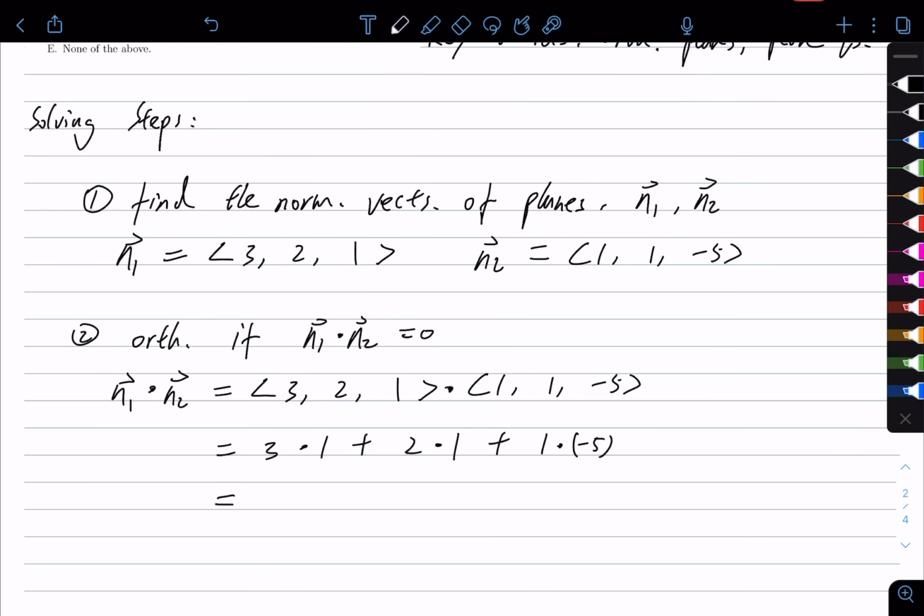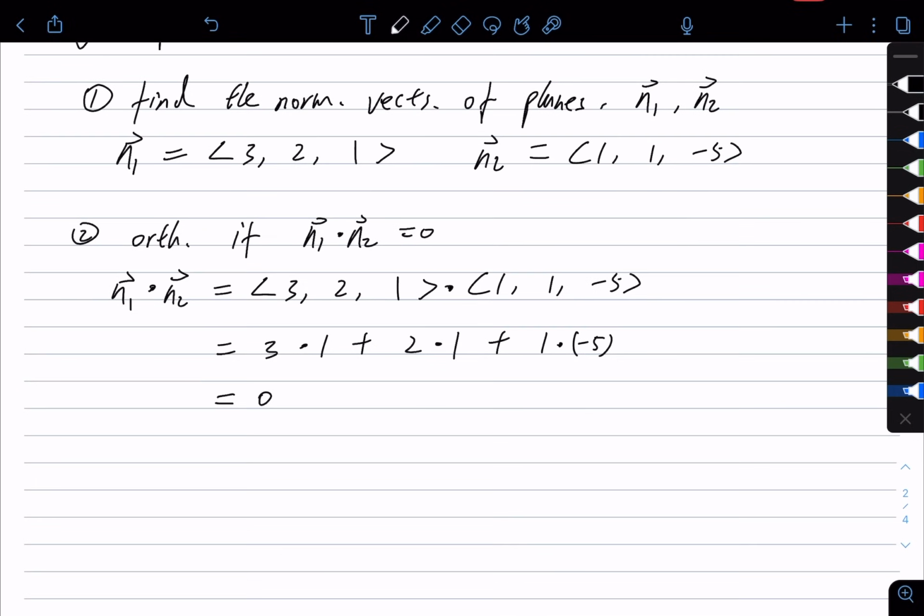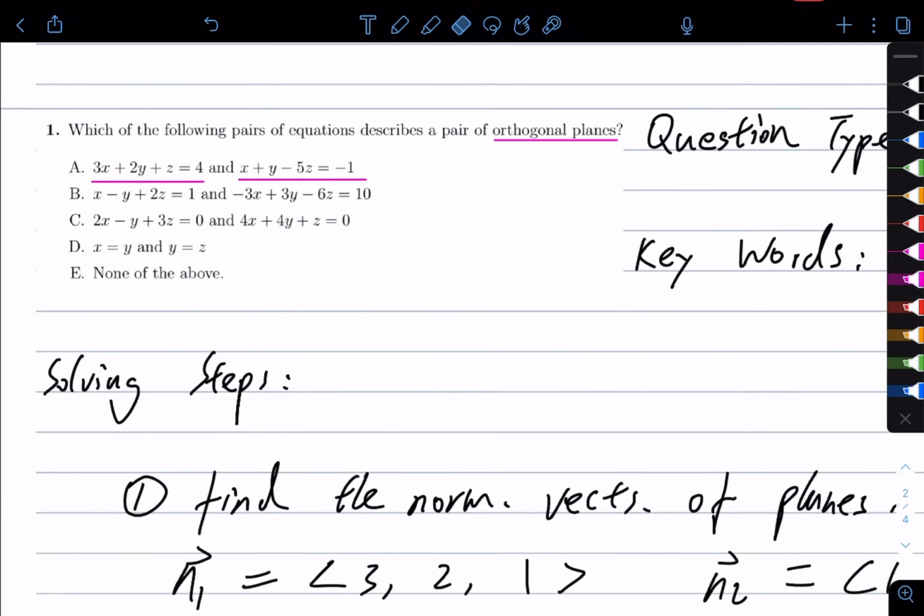The answer is obviously 0. So these are orthogonal planes, and the answer choice is alpha.